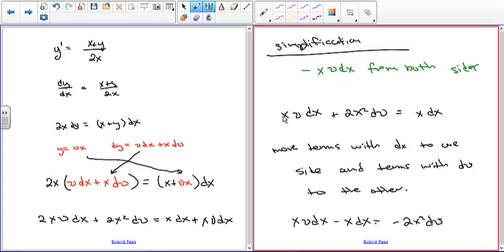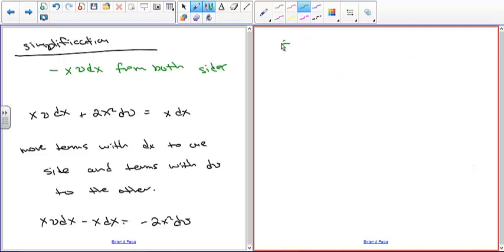I should have done that earlier, but it's okay. So what we're going to do here is divide both sides by x. So that leaves me with nu x minus dx equals negative 2x d nu.